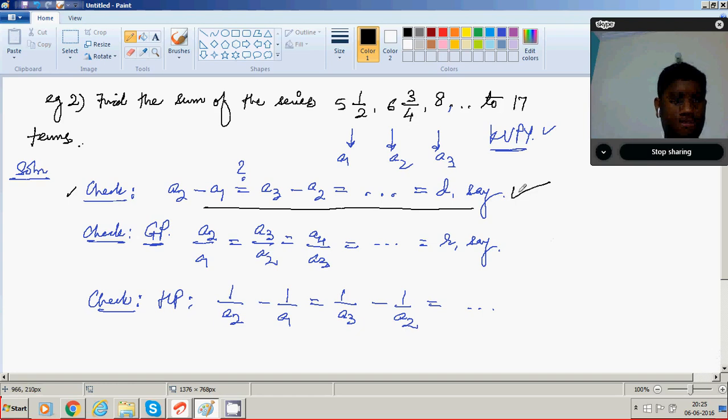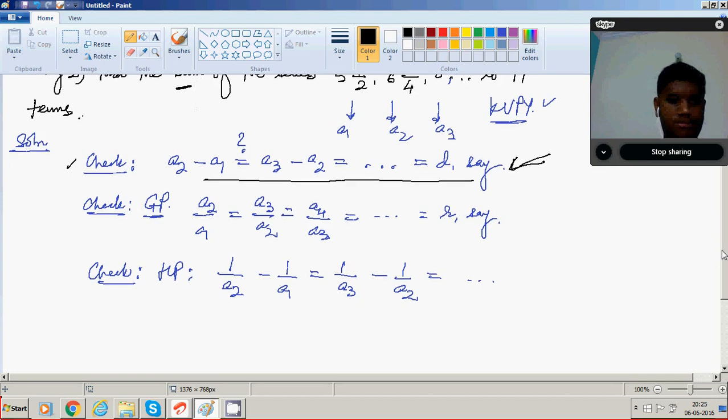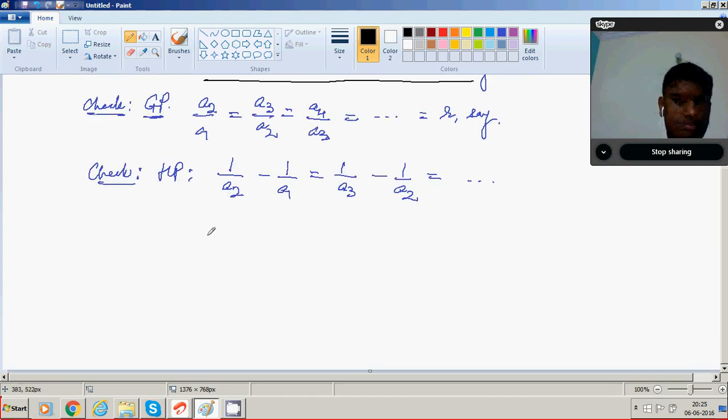Okay, now you check this and tell me the sum of the series. Come on, I will give you the formula again. It is the sum to 17 terms. So Sn equals n by 2 times 2a plus n minus 1 times d.